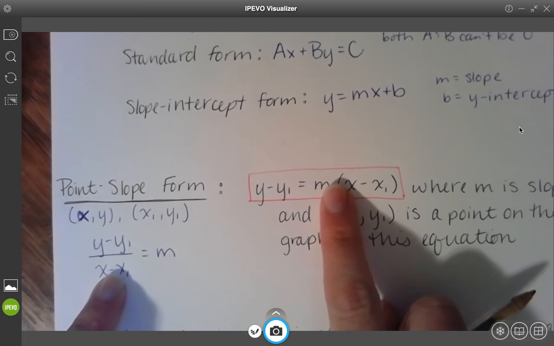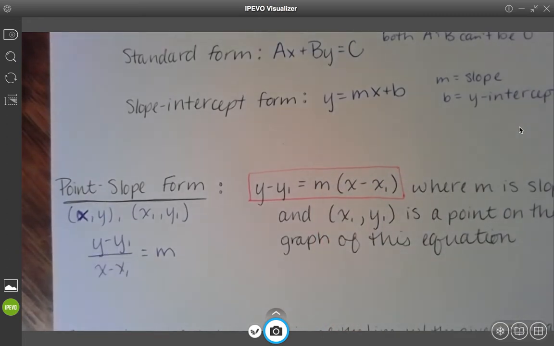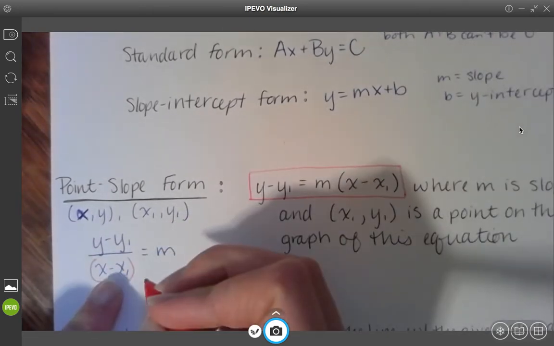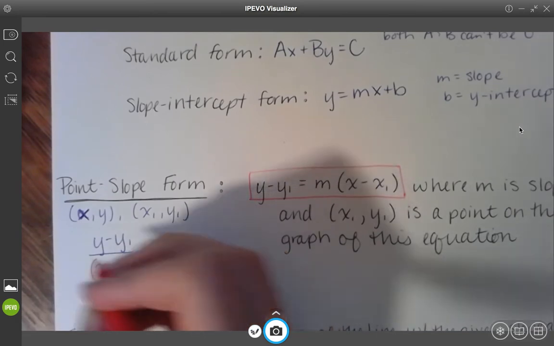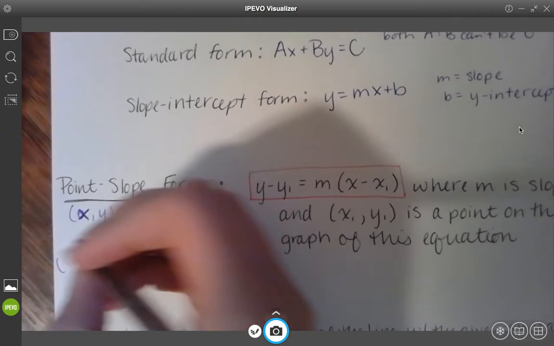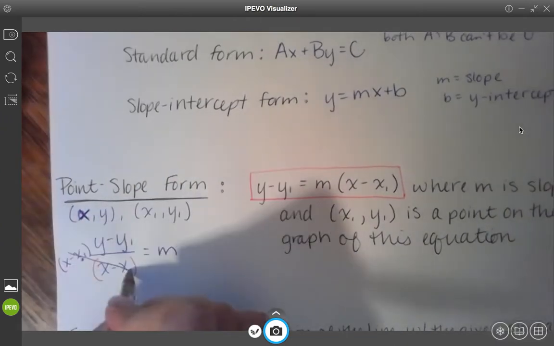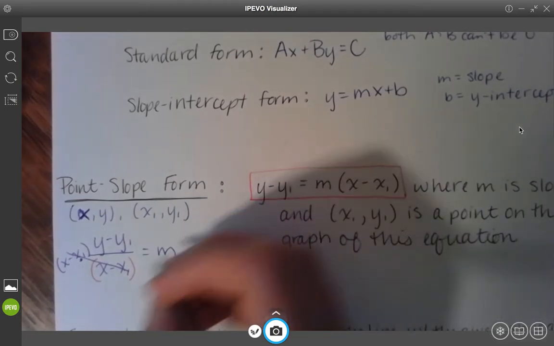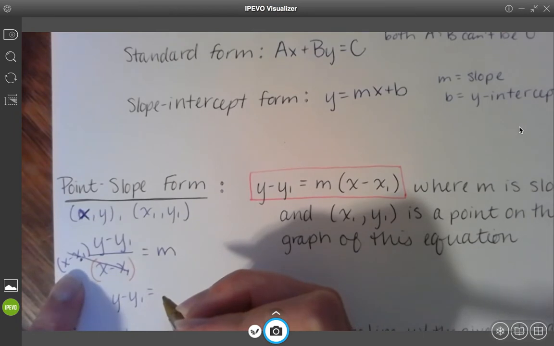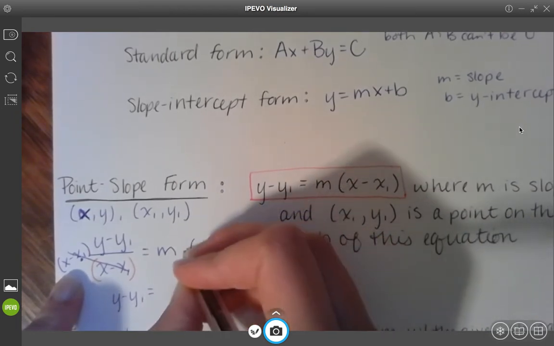What we do is solve for this top difference. To do that, we cancel this whole thing out through multiplication. We multiply this whole side by x minus x1, and when you do that, these cancel. And you're left with y minus y1 equals, well, if we multiply this whole side by that, we have to multiply this whole side by that.